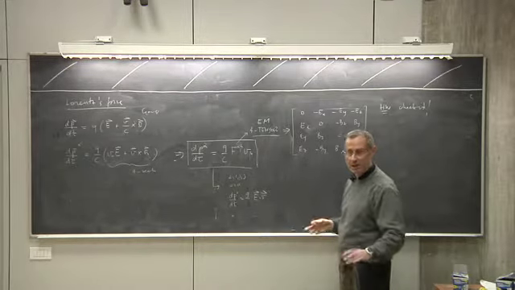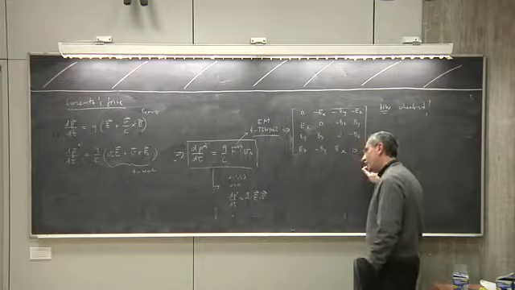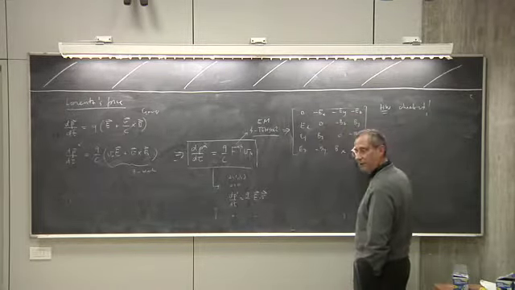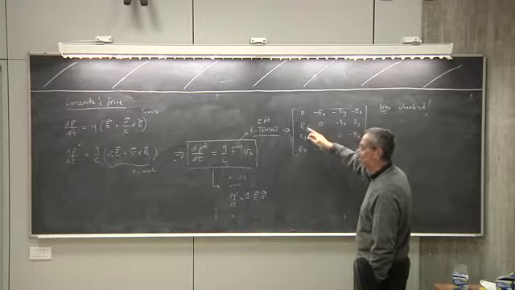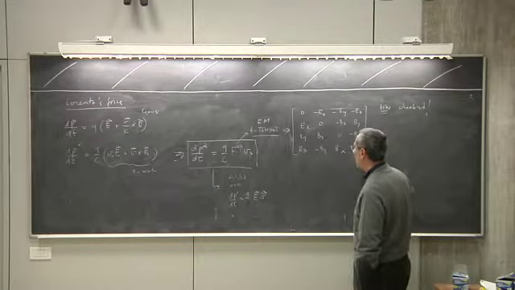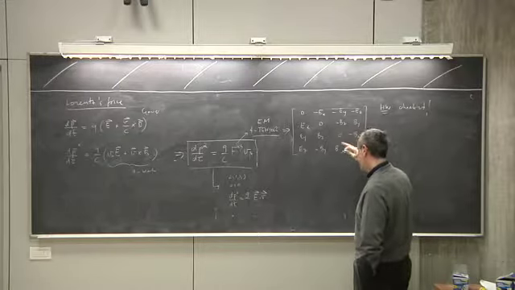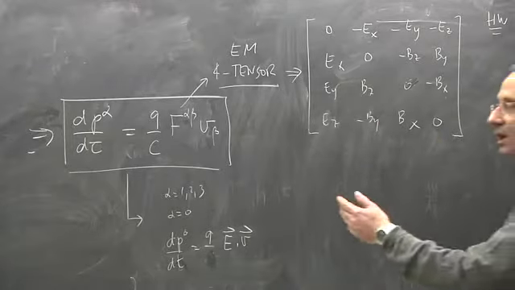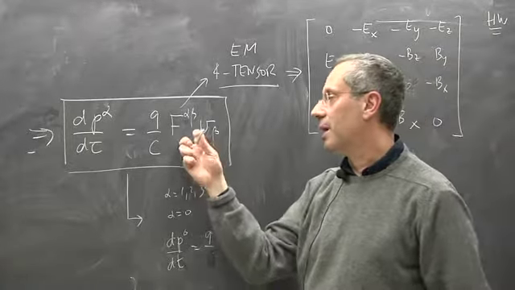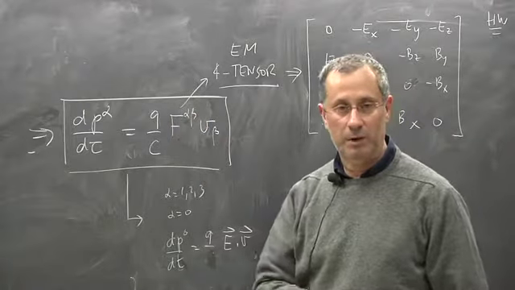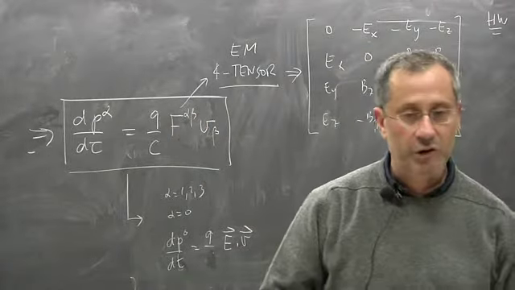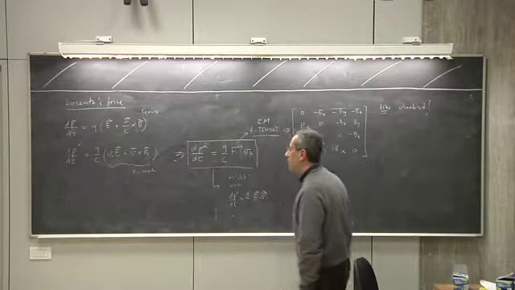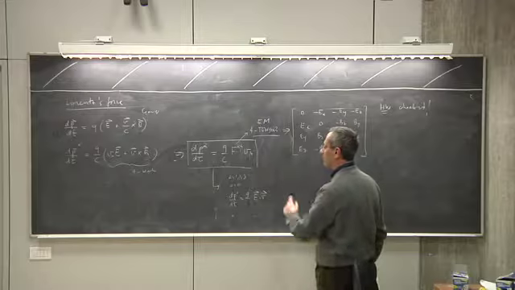It has 16 independent components. But if it is antisymmetric, you understand that it has only 1, 2, 3, 4, 5, 6, because the others, I mean, there must be 0 components on the diagonal, and the others are simply the same changed by sign. So the requirement that you only have 6 independent components means this must be antisymmetric. I mean, it's not a physical requirement; it's a requirement of the number of independent components in this equation.